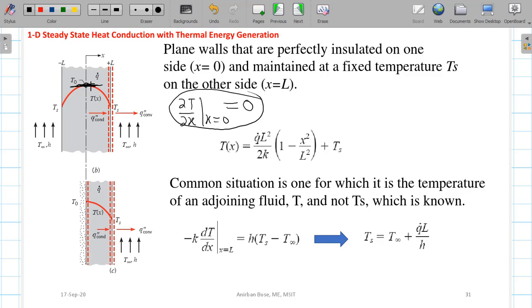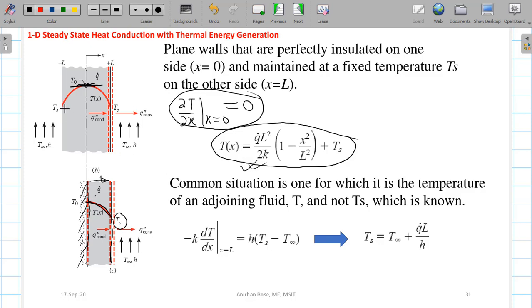So if heat flux is 0, you can think the same situation like in another problem where one end is insulated, that means adiabatic, that means there is no heat flux, and you consider there is x direction and here the temperature is Ts. So in that case also the same equation that you have derived for the symmetric situation when Ts1 and Ts2 are the same will be applicable. This particular parabolic portion will be exactly the same situation.